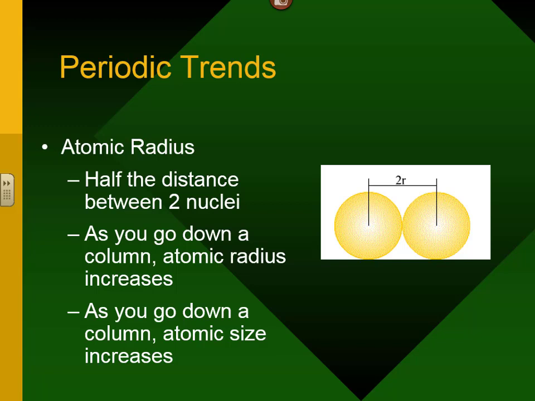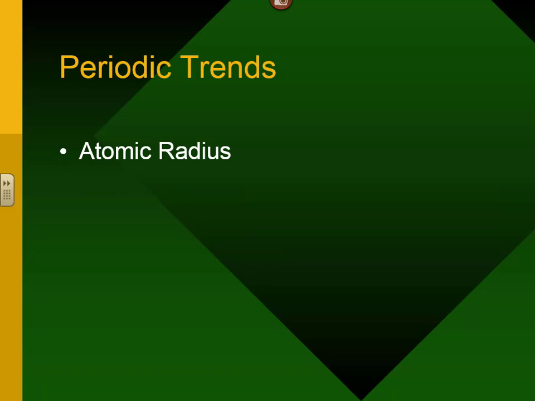But the other trends that we talk about, at least 2 of the other 3, the explanations of those other trends come back to this one idea. So it's important that we get this one idea first. Size increases as you move down the column. Why does that occur?